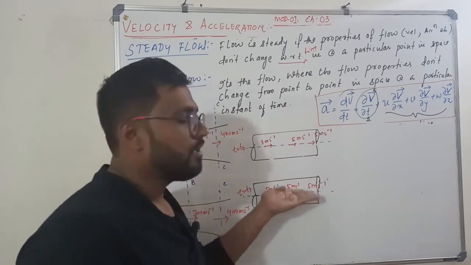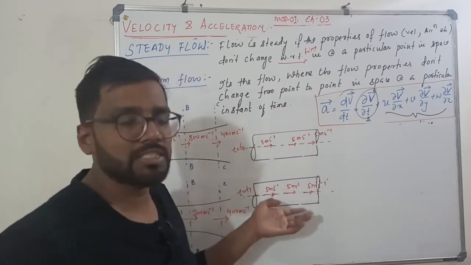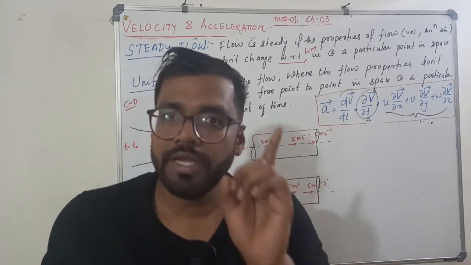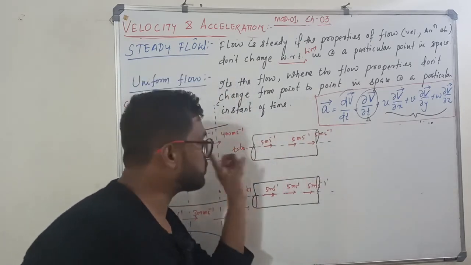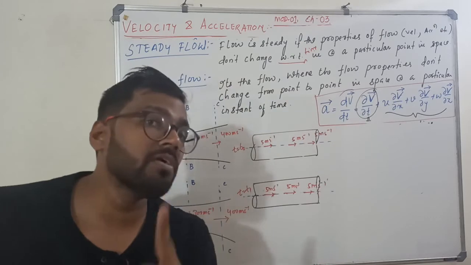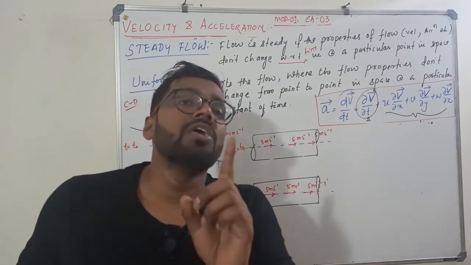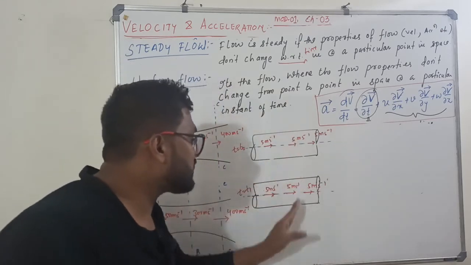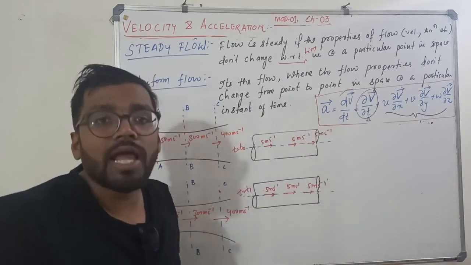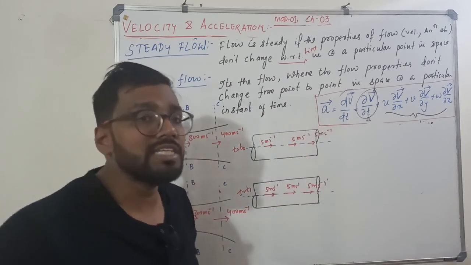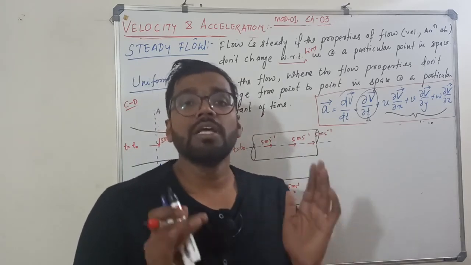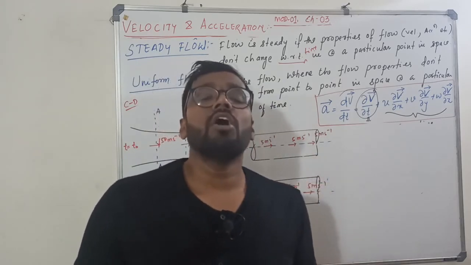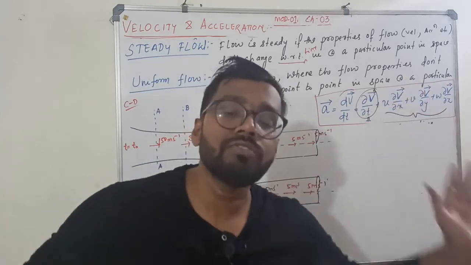Velocity is the same, it has not changed. Means it is steady flow. At the same time, velocity is constant throughout, means uniform flow. So this kind of flow, where velocity is neither changing with respect to time nor with respect to space, we call steady and uniform flow.